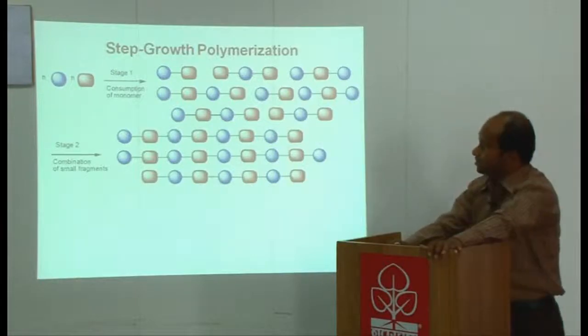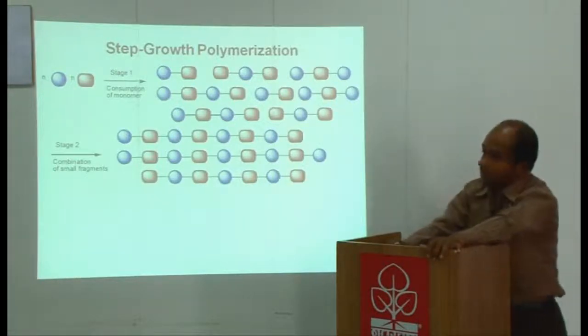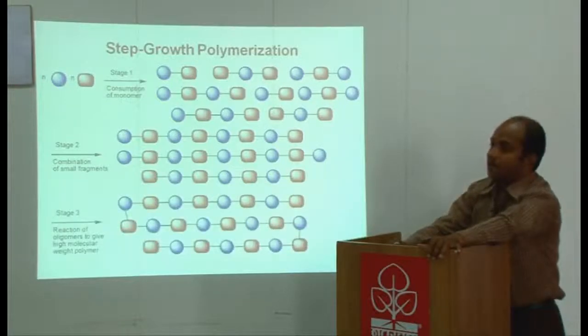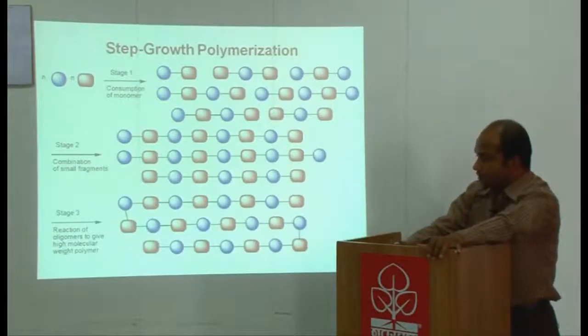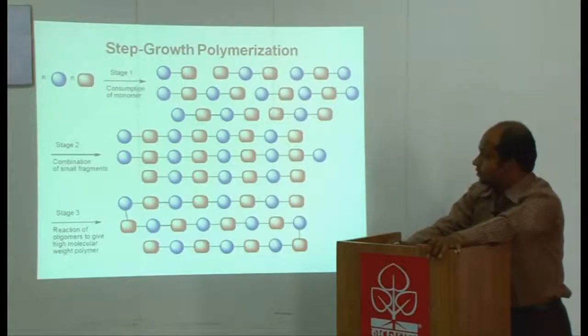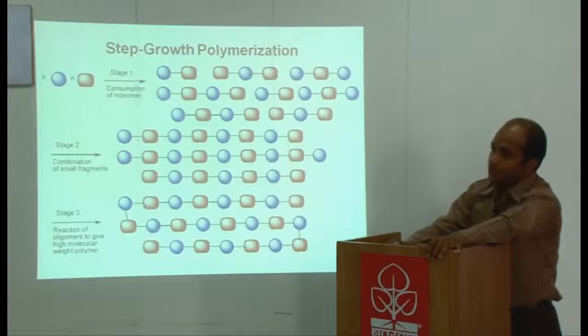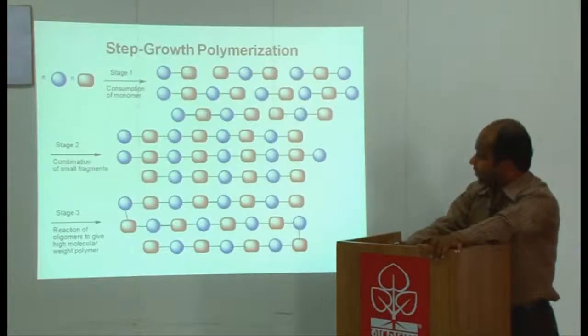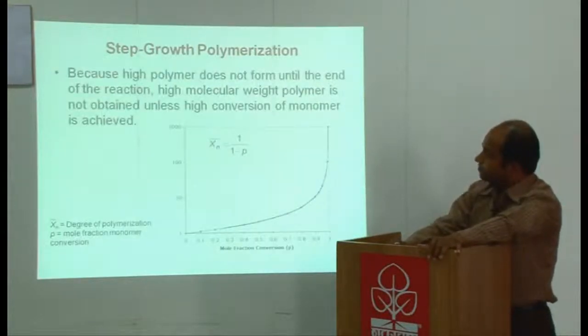Once these oligomers or short chain polymers are formed, they will further react with each other to form a slightly higher molecular weight polymer, and further these higher molecular weight fragments will combine together to form a high molecular weight polymer.